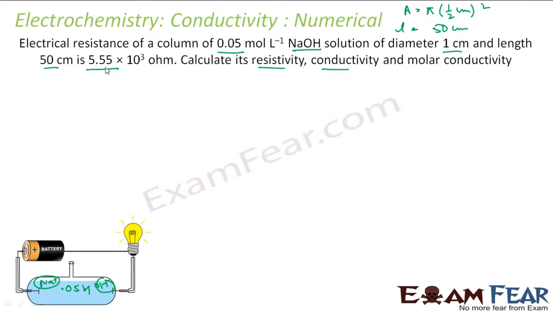And resistance is given as 5.5 into 10 to the power 3 ohms. And we have to find resistivity, that is rho, conductivity, that is K, and molar conductivity, that is lambda.